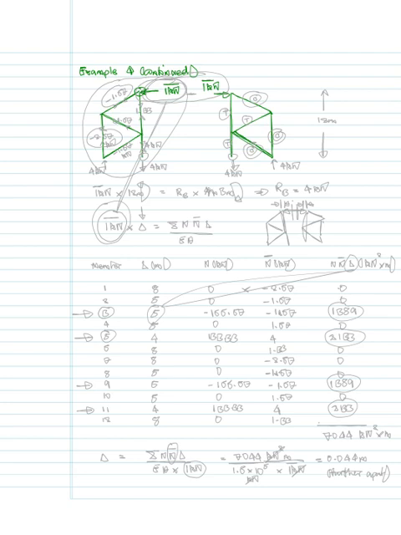So on the left hand side, let's just quickly work out what's happening. Firstly, if we take moments about that point, treating each truss separately, there's no need to treat them together, we get this 1 kilonewton.